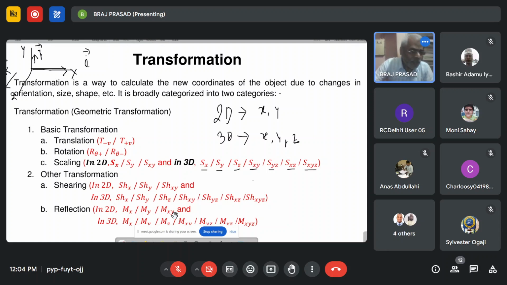So three vectors are used to denote the direction of x, y, and z. In x direction, we will use vector i; in y direction, vector j; and in z direction, vector k. And this arrow denotes that this is our vector, not a magnitude.